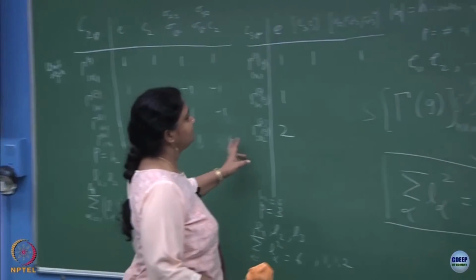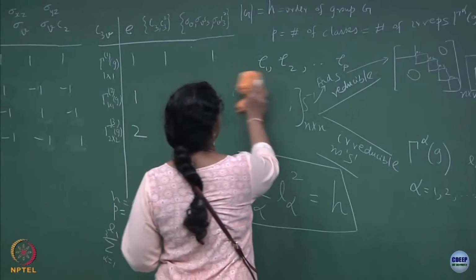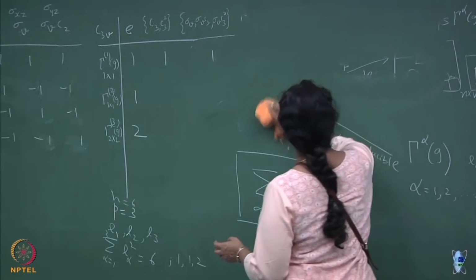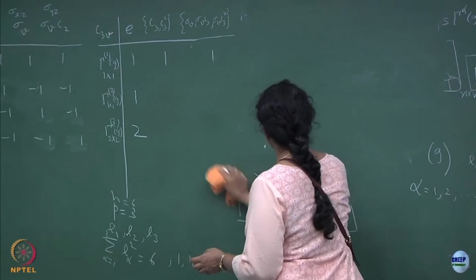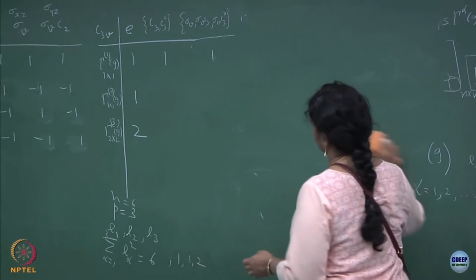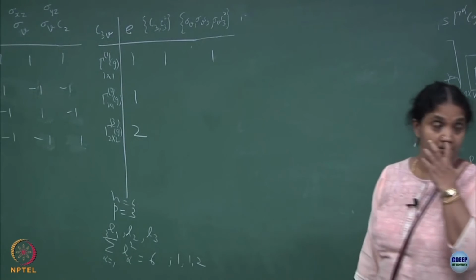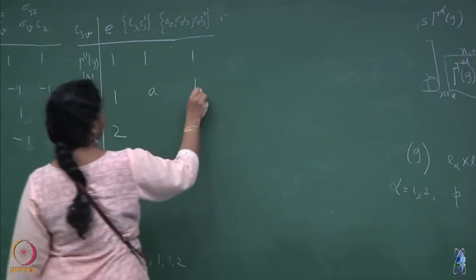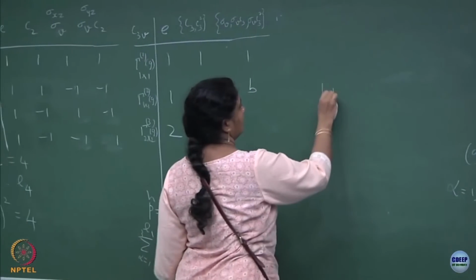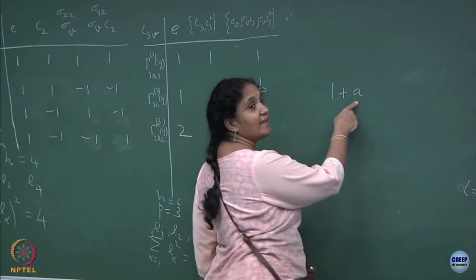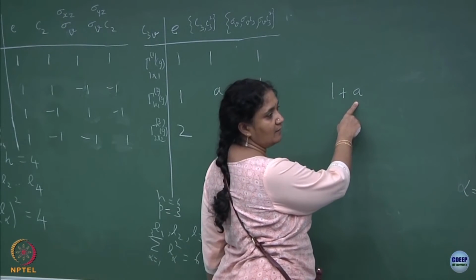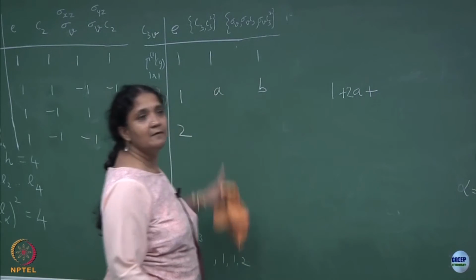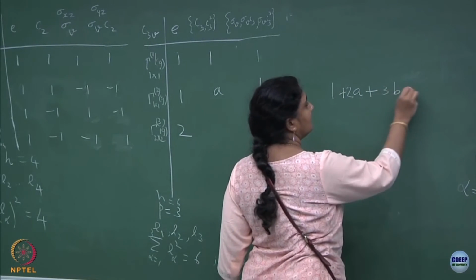What about here? Someone help me. This should be A and B. It is not just A, you have to multiply by a 2 and then 3 times B has to be 0.